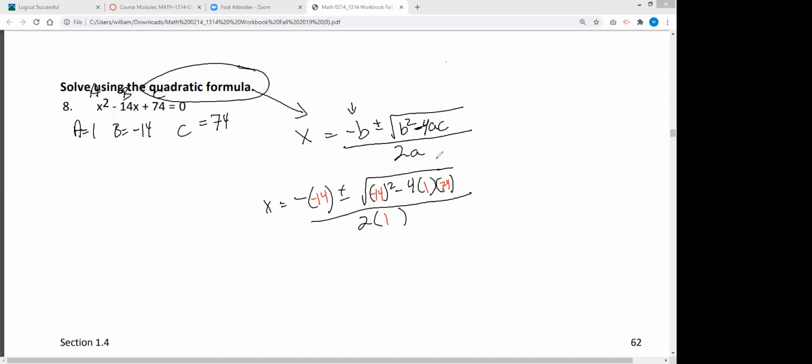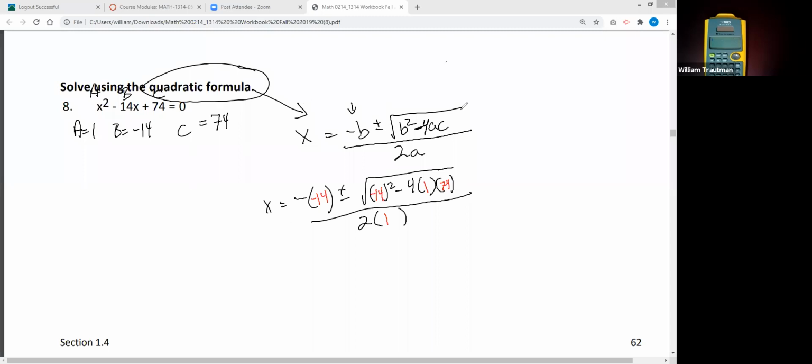So let's do inside the square root first. Let me write the whole thing down. Give me a second, because once I leave here, I can't see it. I need to have my own workbook. Oh God, I don't want to leave because then when I come back, it's all messed up. But it's okay.